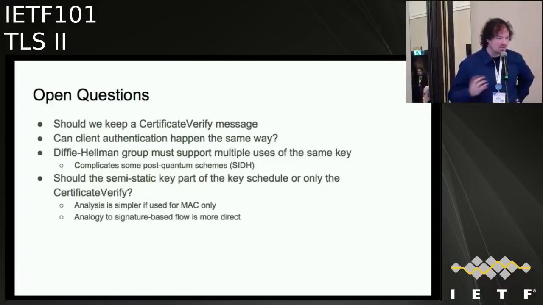This has different effects on the analysis. The analysis that we have currently of TLS 1.3 would map really closely to this if the semi-static key was only mixed into the certificate verify message rather than the actual key transcript. But it's not clear what the exactly right consideration is for this. So we just need to keep it short. Next slide, please.